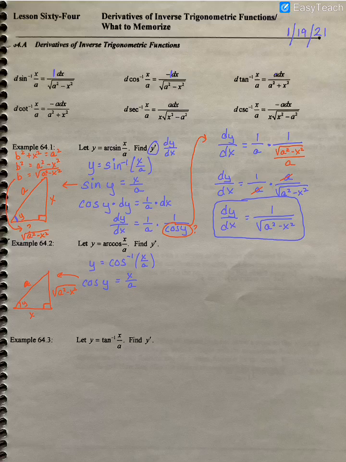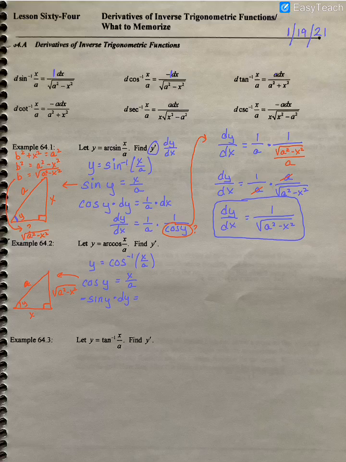Okay, back to working our problem. The derivative of cosine of y is going to be negative sine of y. Again, we're doing implicit differentiation, so you have to multiply by the differential, dy, equals the derivative of x over a. So again, think of that as 1 over a times x.